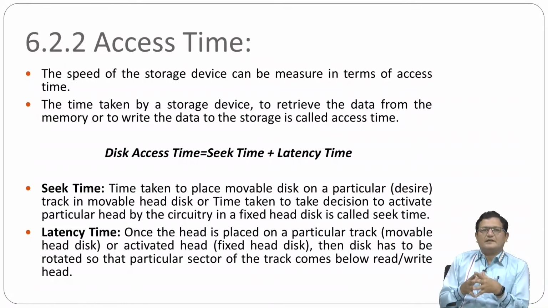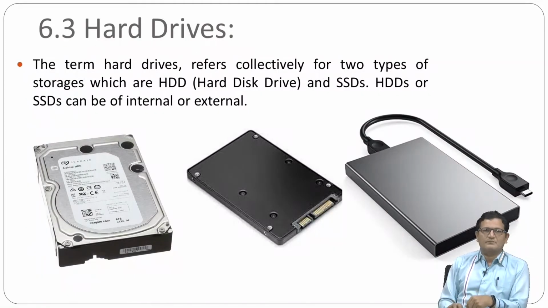So when we are talking about a disk, the hard disk suffers from these two main times, seek time and latency time, and the sum of seek time plus latency time is called disk access time. Here I have shown different types of hard drives. Mainly there are three types.